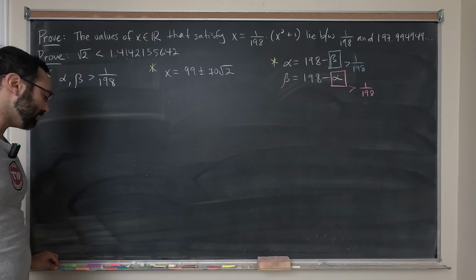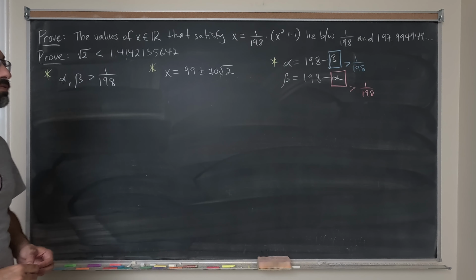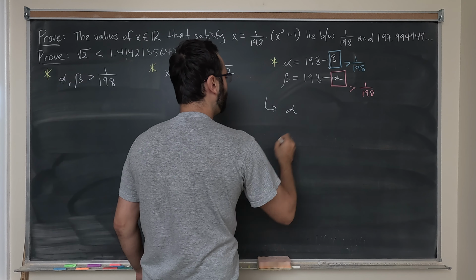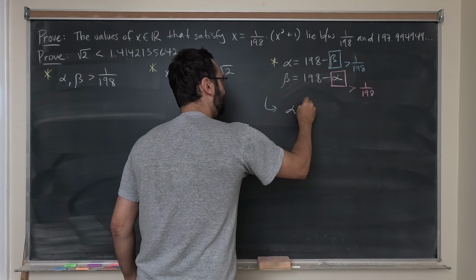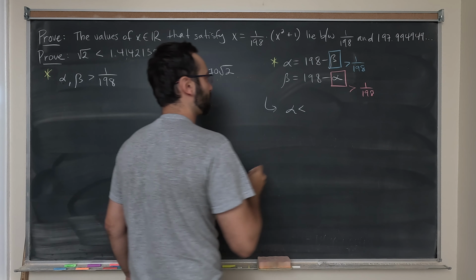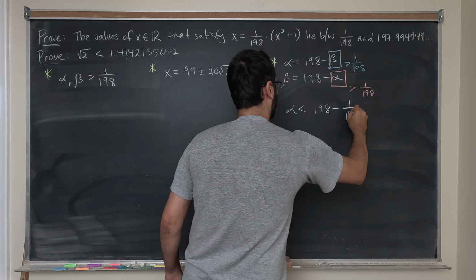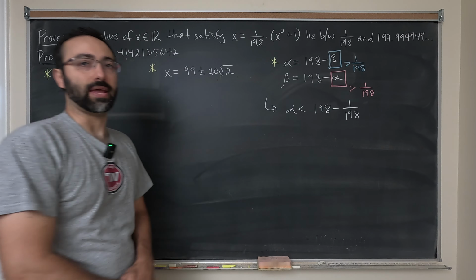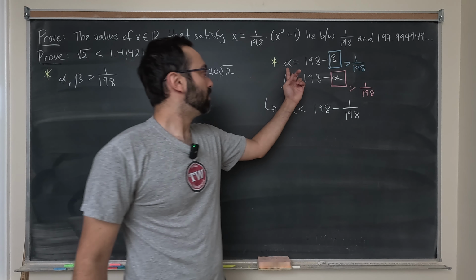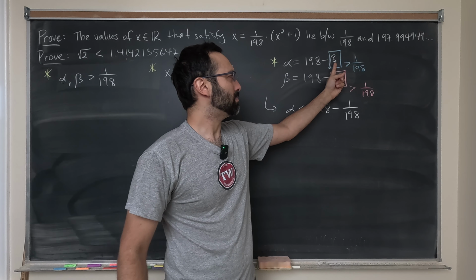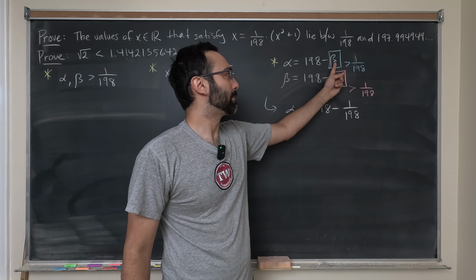But if that's the case, then what we obtain is the following. Alpha has to be less than 198 minus 1 over 198. Why? Well, here alpha is 198 minus this quantity, and this is something bigger than 1 over 198.